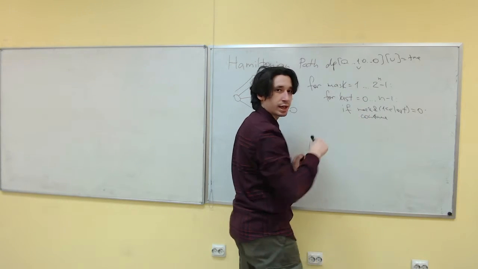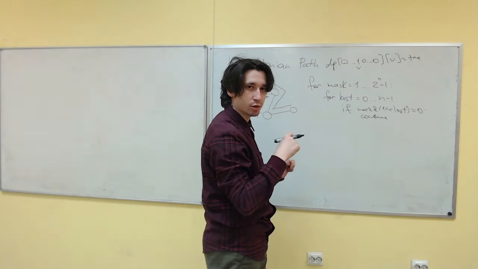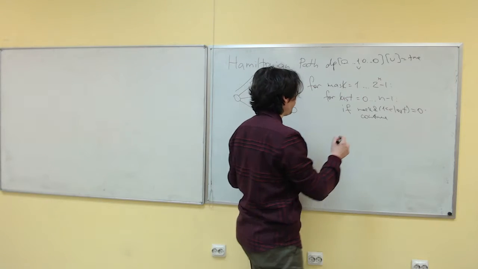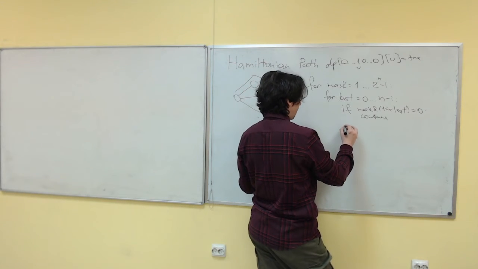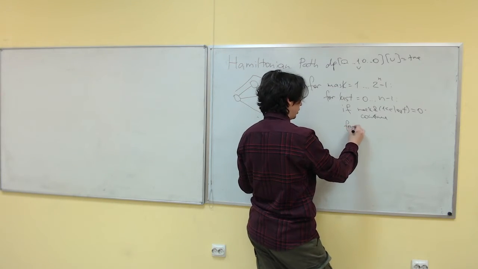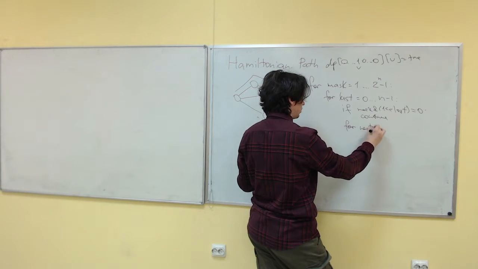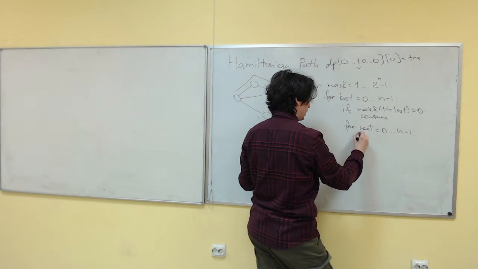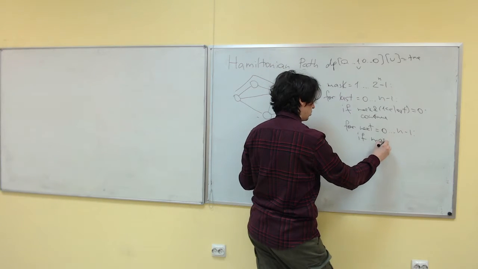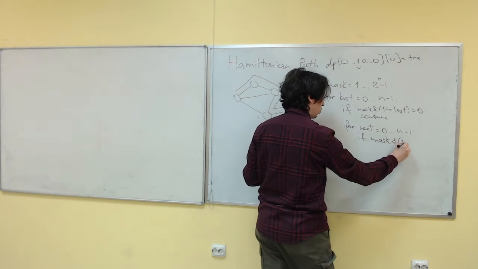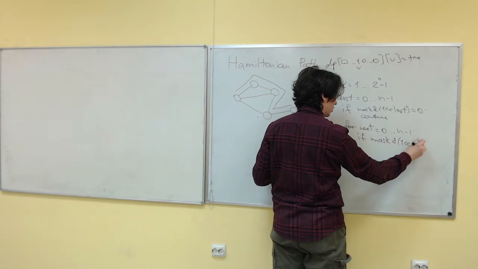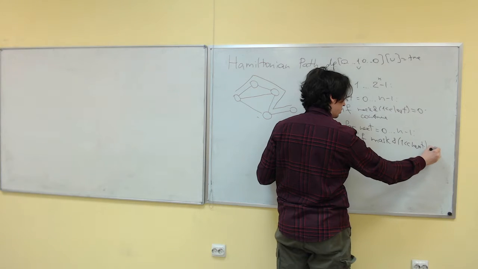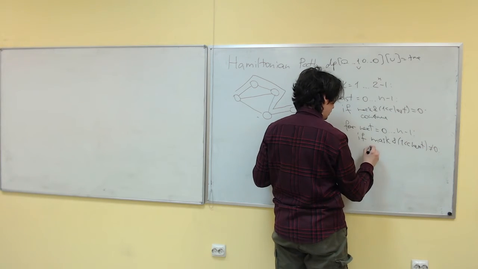This check means that last is really in the subset, so we don't falsely move from there. Then we iterate next from 0 to n minus 1, and if mask and 1 shifted by next is non-equal to 0, we continue.